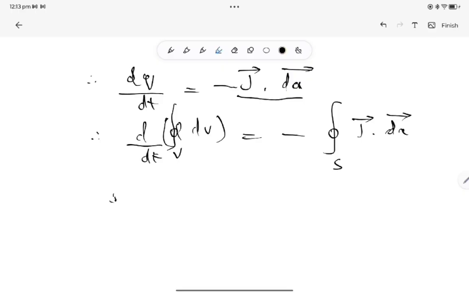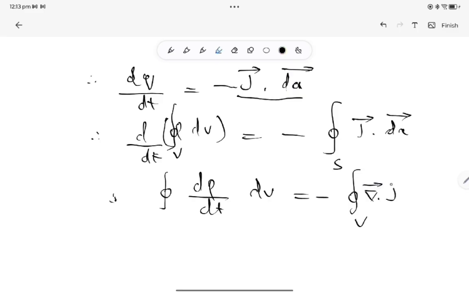Therefore, we can write it as the integral of d rho by dt dv is equal to minus integral over S. We can use Gauss's theorem here, and convert this into a volume integral by converting j into its divergence, del dot j, into dv.